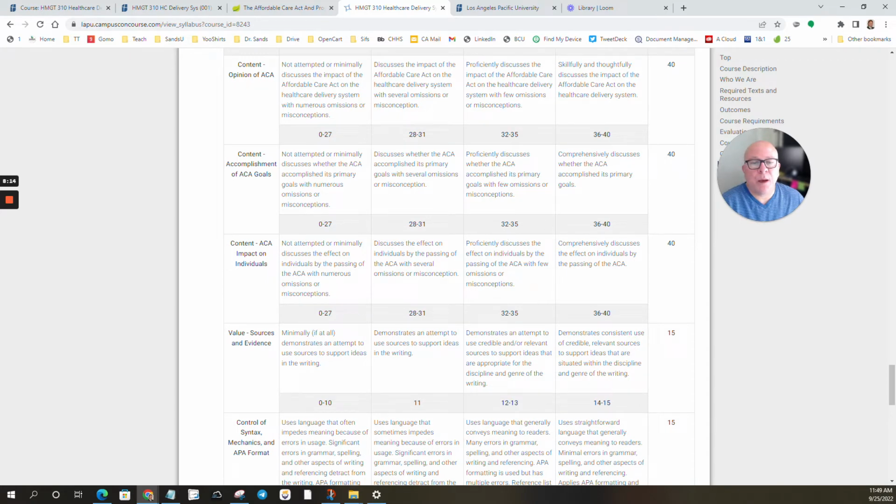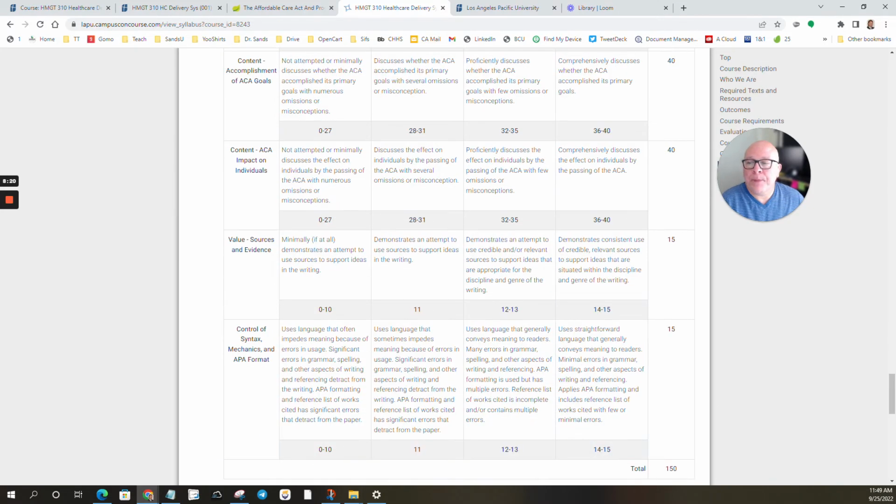Not only have a reference, but you need to use it at least once in your in-text citation. I've seen papers where they just put the reference and then they don't use it as in-text citations. And per APA, you have to use it a minimum of 1 time, but we're not just shooting for the minimums here, right? We're shooting for a thorough, comprehensive paper.